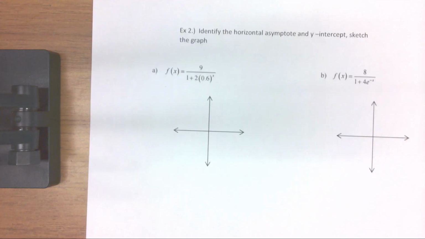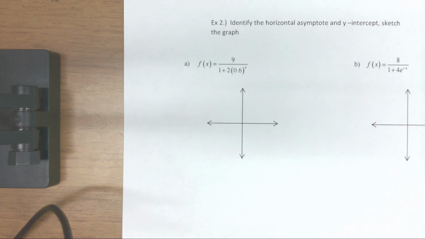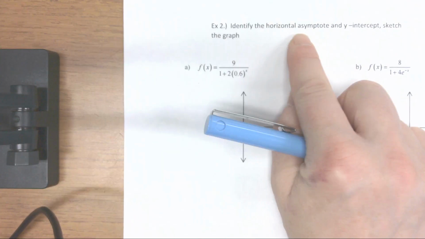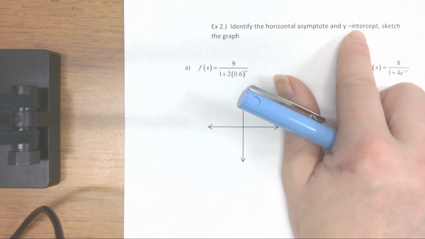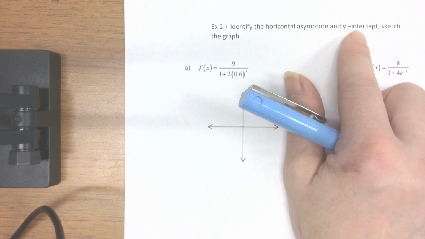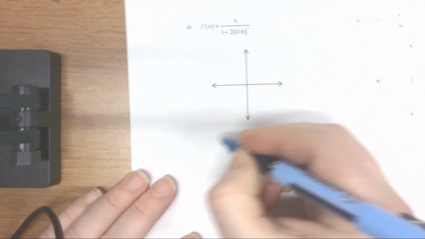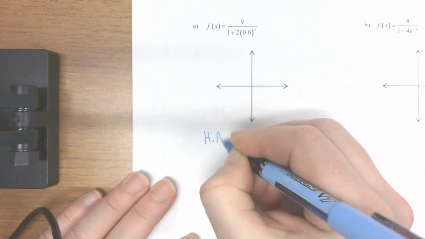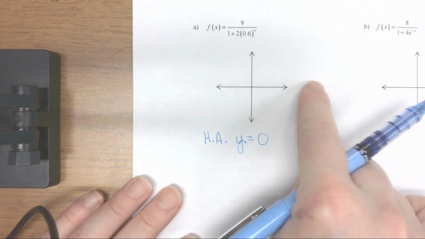How do you graph these things? Let's just do A. To graph, all I need is the horizontal asymptotes, which require no work, and the y-intercept, which is plugging in 0, and then a sketch of your picture. First of all, one of the horizontal asymptotes is always going to be y equals 0, or the x-axis.